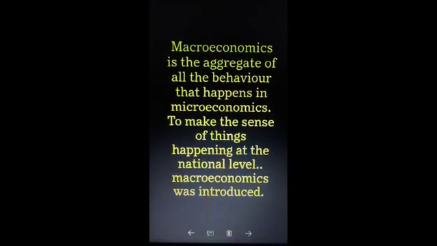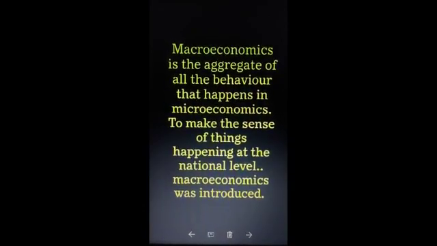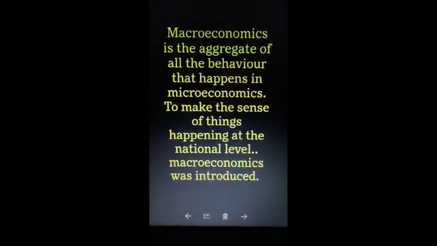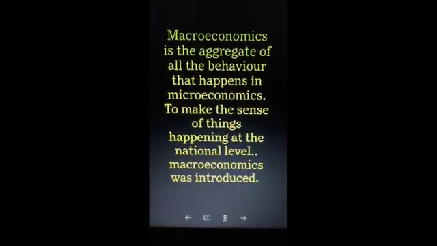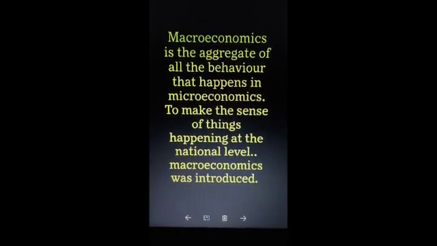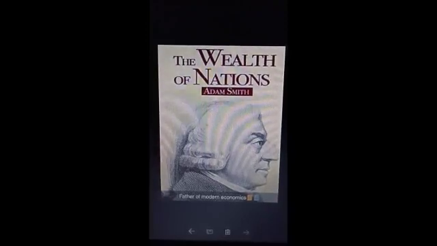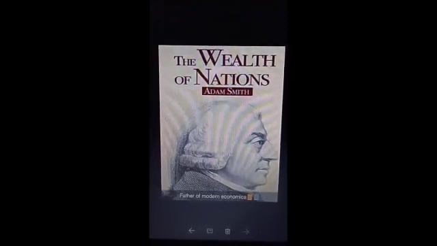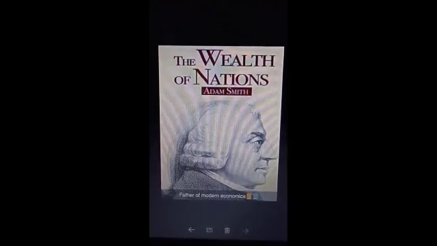Similarly, you can take other examples, like masks or basic eatables. Therefore, to make sense of things happening at the national level, macroeconomics was introduced. The concept of macroeconomics was given by Adam Smith, who is also known as the father of modern economics.